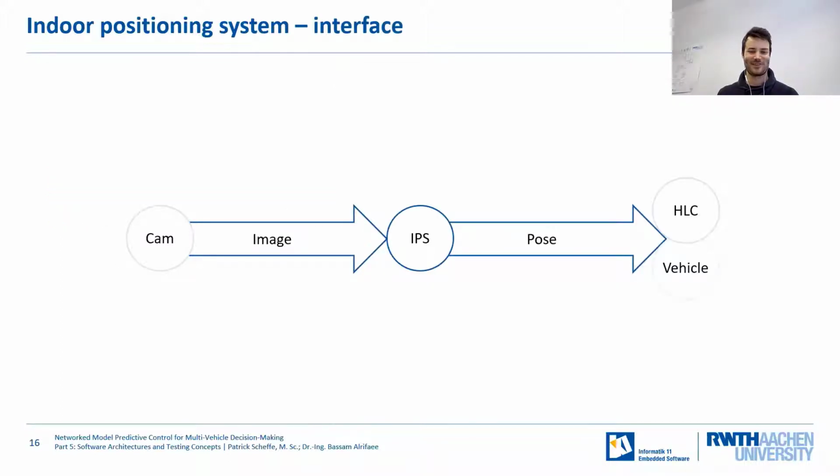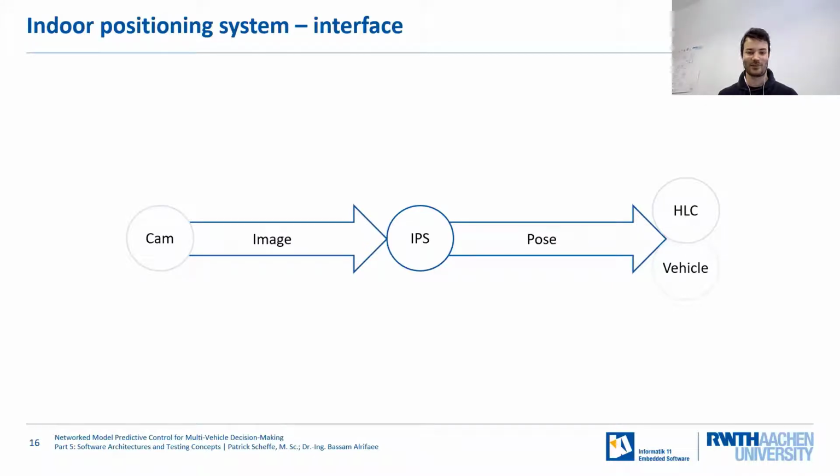The interface of the IPS: from the camera, it gets the image. This is not done with DDS, but locally on the computer. And it sends the pose via DDS to the high-level controller and the vehicle.